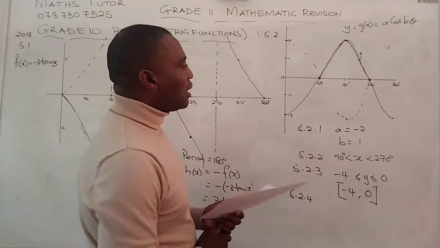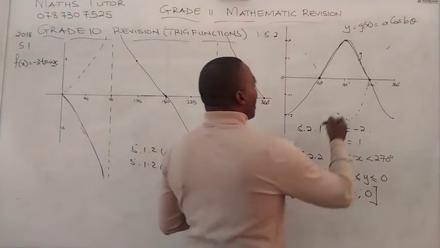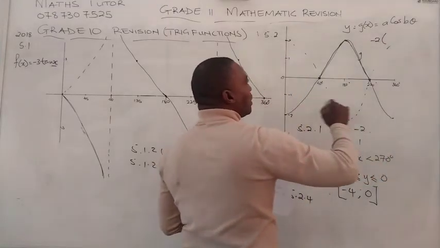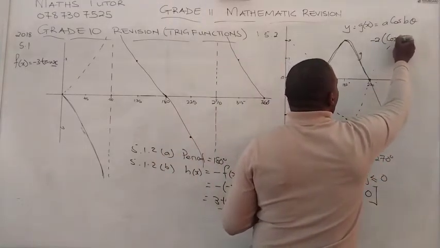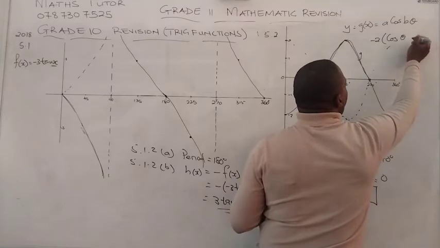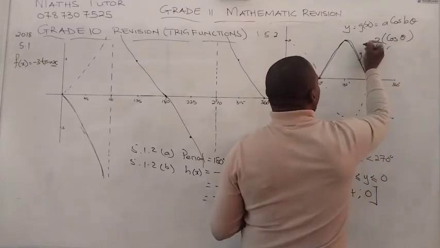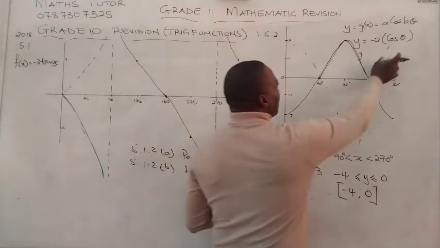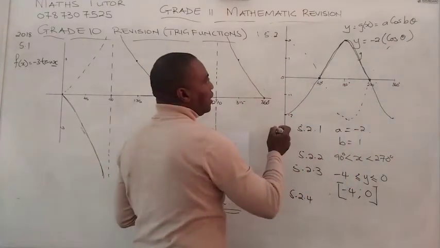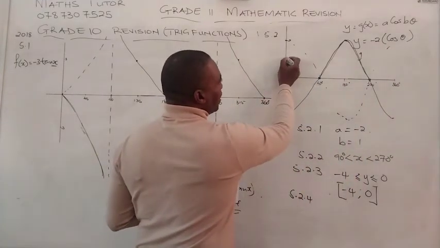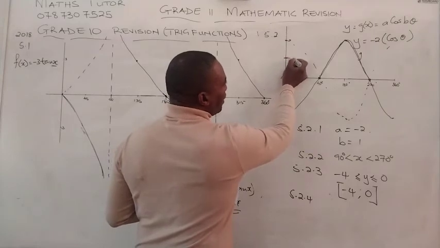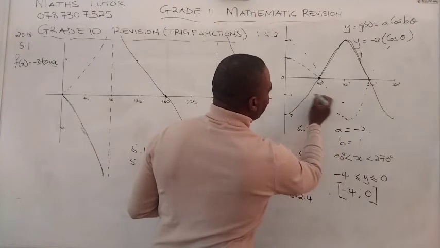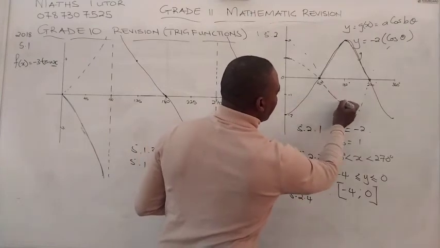Now, if you factor out the -2, it means you remain with cos theta. That is your g of x. Now, if we look at a graph of cos theta, we know the maximum is at 1. The graph is like this. The minimum is at -1.